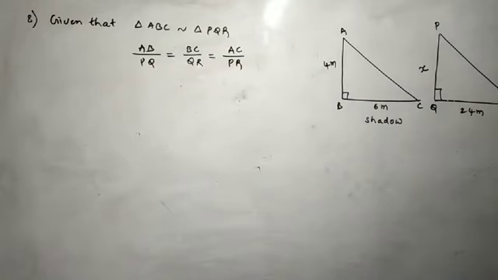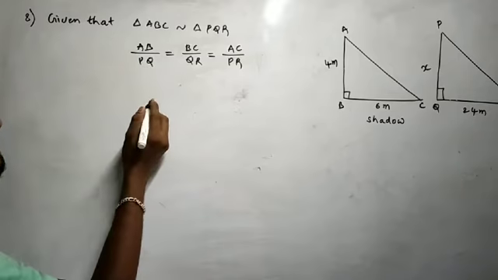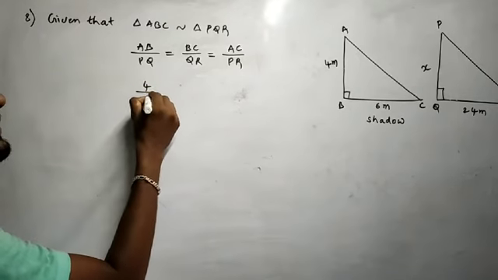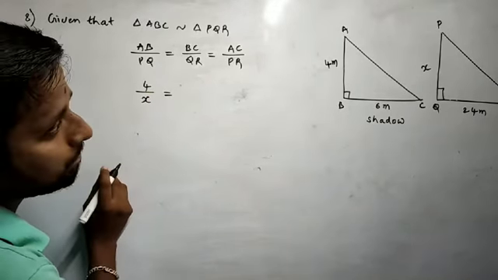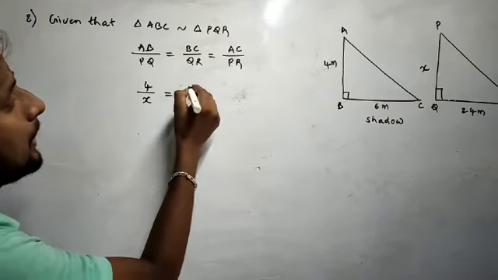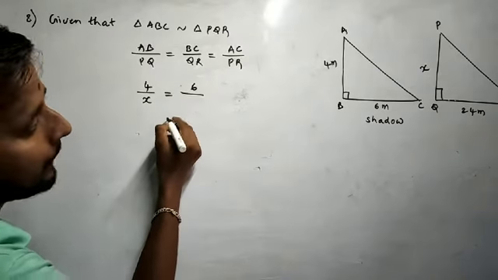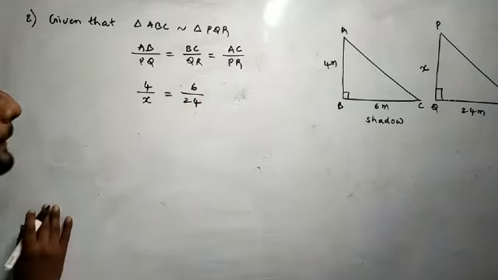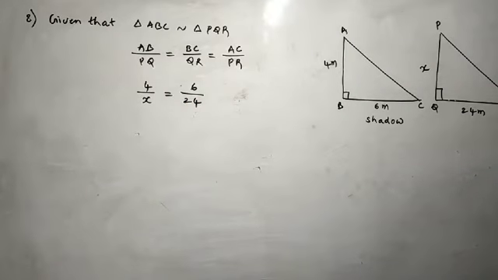Just substitute the values you have. AB and PQ, that means 4 by X is equal to BC, 6 by 24. Correct?